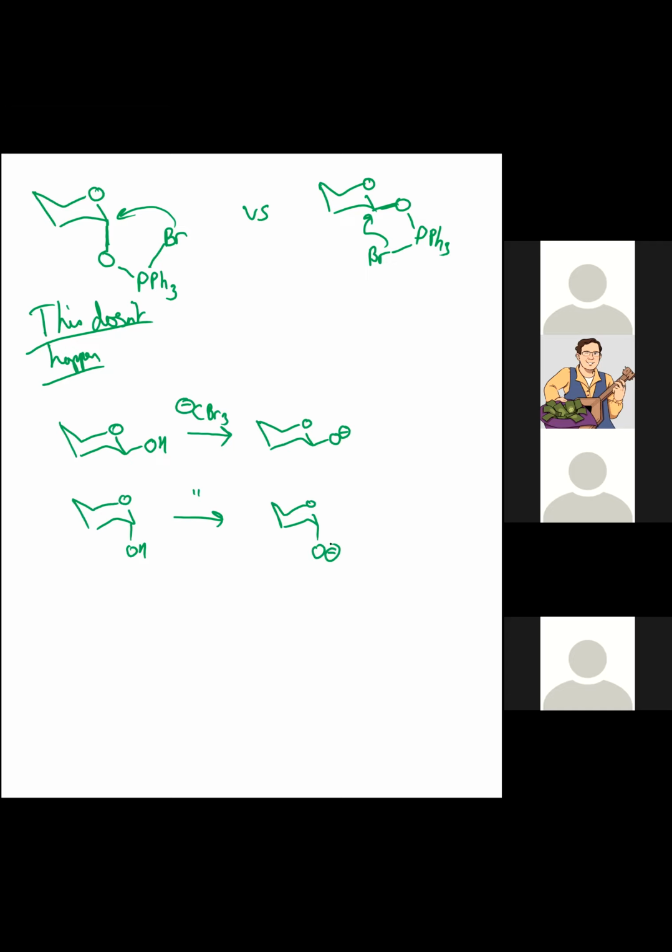So I've drawn these as distinct molecules. And they are different molecules, right? They're anomers of each other. Do these two molecules interconvert?